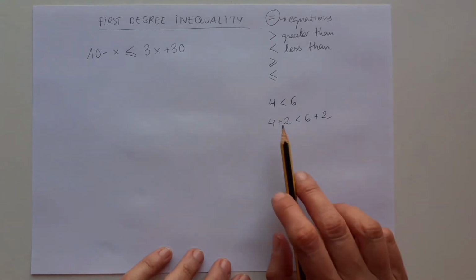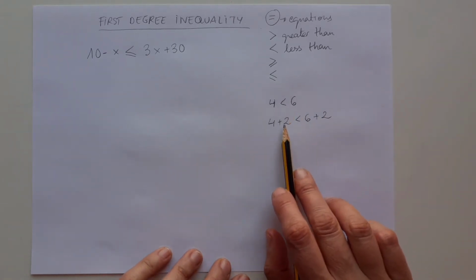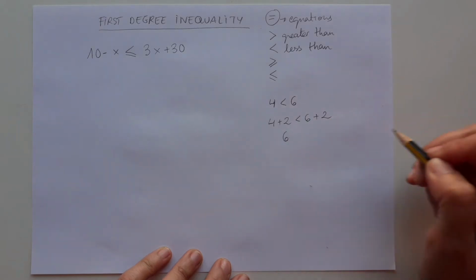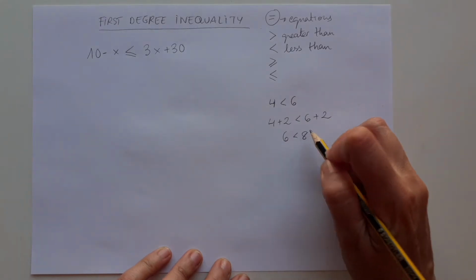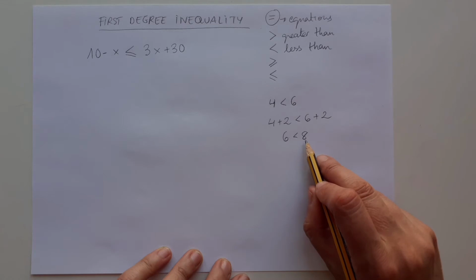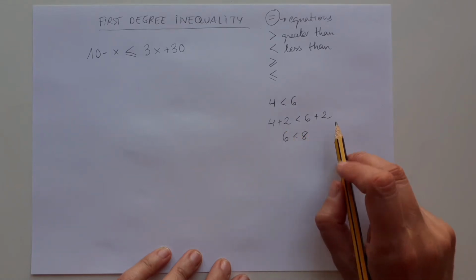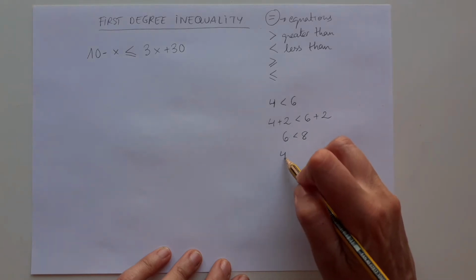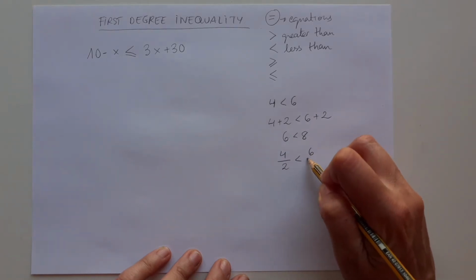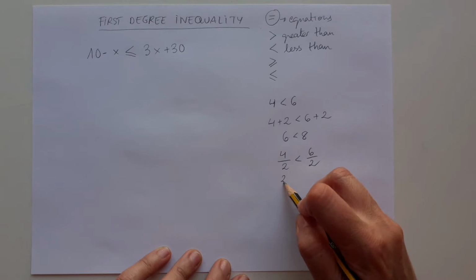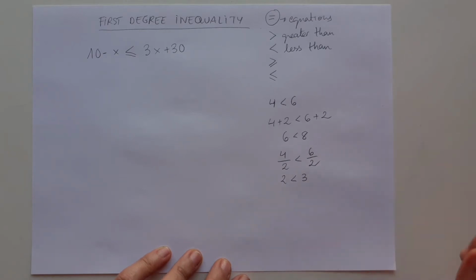Here, when we add the same number on both sides, the result here is 6 and here is 8. It doesn't matter. If we add a number on both sides, no problem. If we subtract, no problem as well. If we divide by 2, we obtain 2 is less than 3, which is correct.